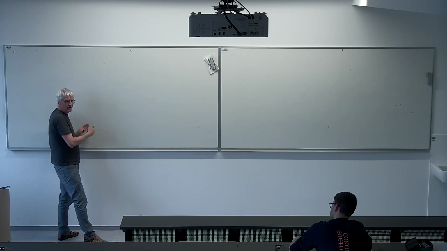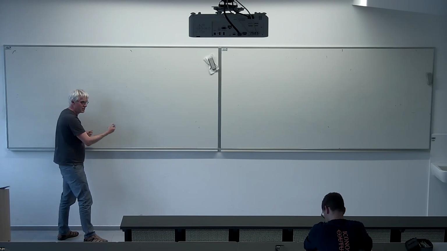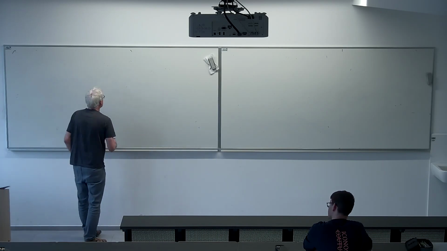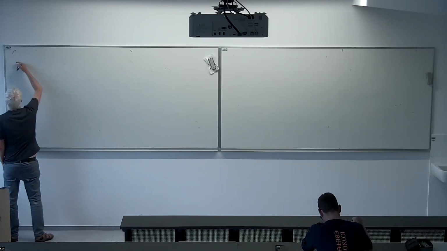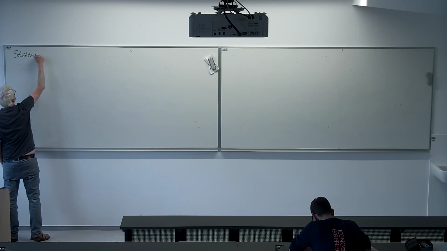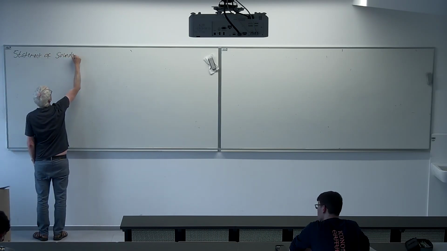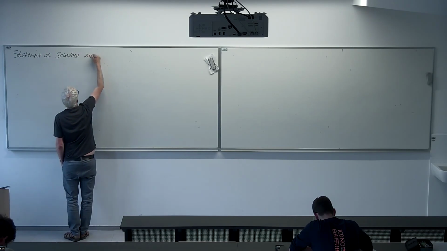And the natural notion of soundness and completeness is that we can prove a sequent if and only if that implication from the conjunction to the disjunction is valid. So this is the statement of soundness and completeness.